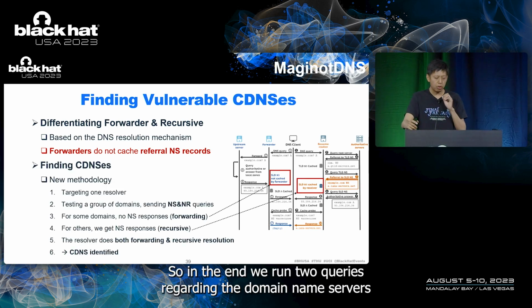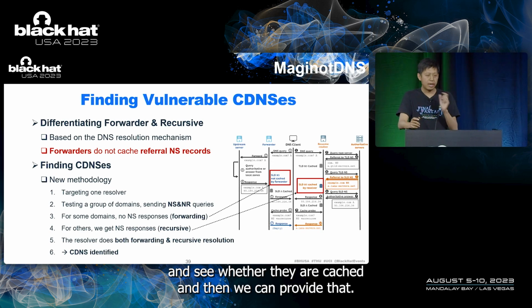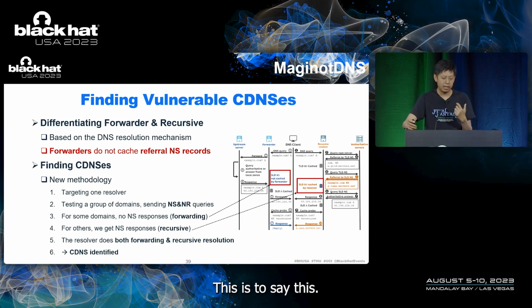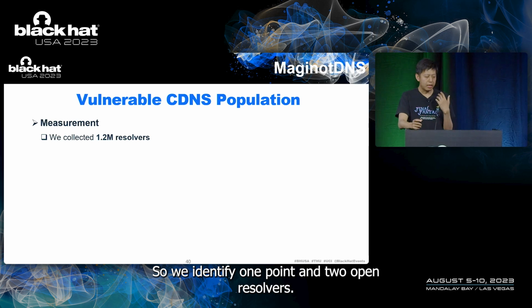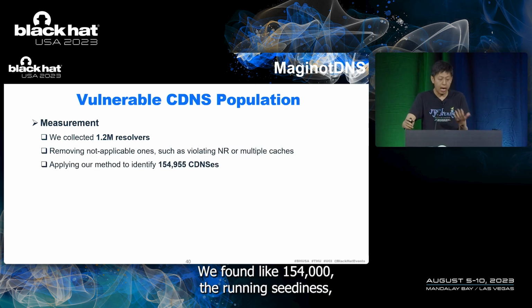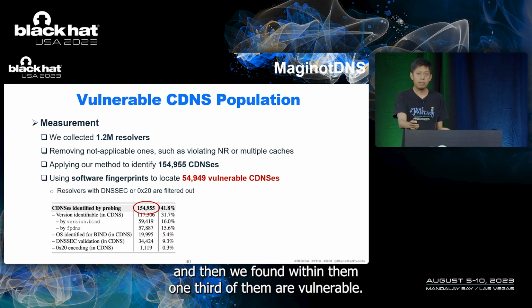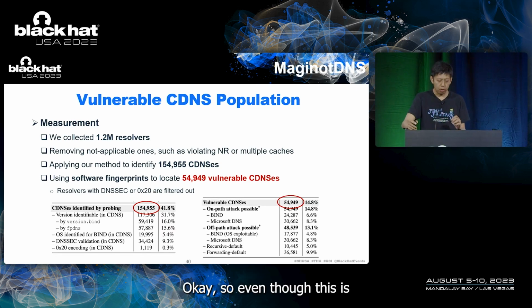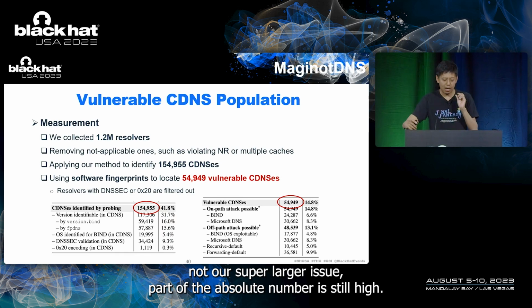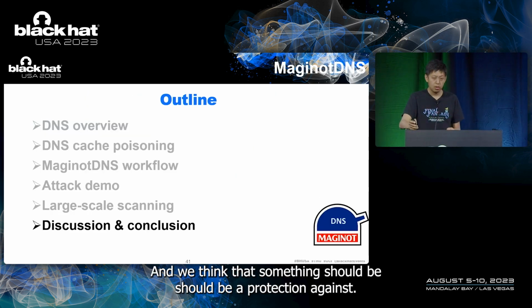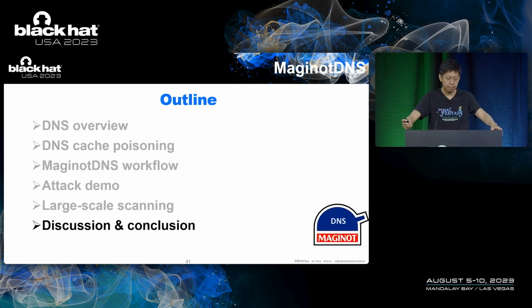So in the end, we run 2 queries regarding the domains and their name servers, see whether they are cached, and then infer whether this is a CDNS. We identified 1.2 million open resolvers. We found 154,000 running CDNS, and within them 1/3 are vulnerable. Even though this is not a super large ratio, the absolute number is still high, and we think this should be protected against.